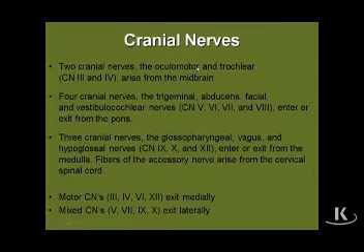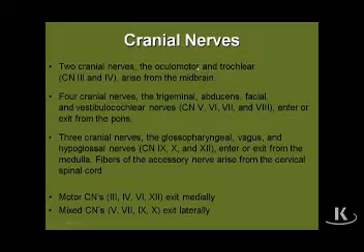For example, and there's going to be a linear organization to this, as we will see, 2 of the cranial nerves, cranial nerve 3, the oculomotor, and cranial nerve 4, the trochlear nerve, arise from different parts of the midbrain. 4 cranial nerves, trigeminal, abducens, facial, and vestibulocochlear, cranial nerves 5, 6, 7, and 8, basically enter or exit from various parts of the pons. The last 3 brainstem cranial nerves, the glossopharyngeal, vagus, and hypoglossal, are the medulla cranial nerves.